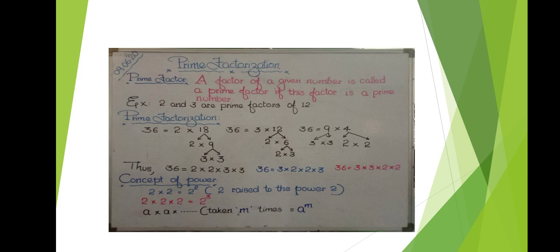Now, next we have the concept of power. For example, we have 2 into 2. That can be written as 2 square, because 2 is repeated twice, and it will be read as 2 raised to the power 2. 2 into 2 into 2 we can say 2 cube, otherwise 2 raised to the power 3.